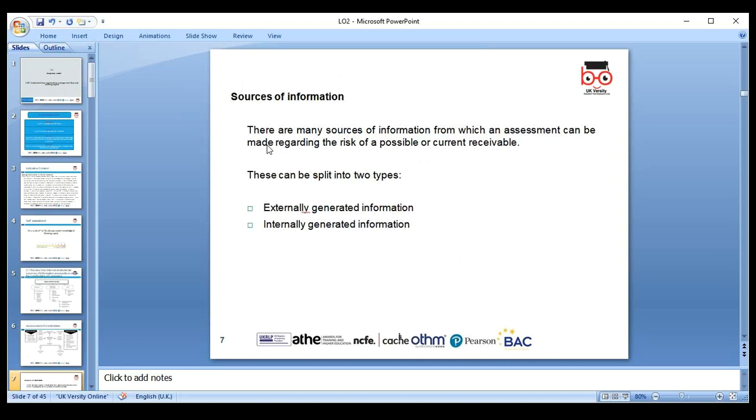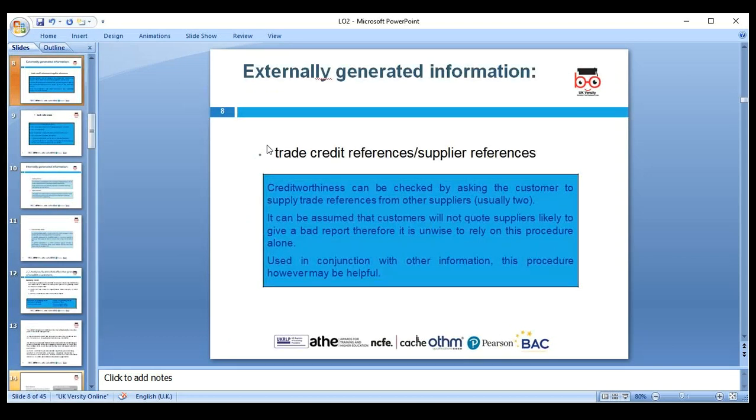Next, sources of information. Information is the lifeblood of any business. So what are the key sources? We can look at internal and external. External sources can be various, such as credit reference agencies. Internal is the information we already hold about the clients, which we can review before giving credit.